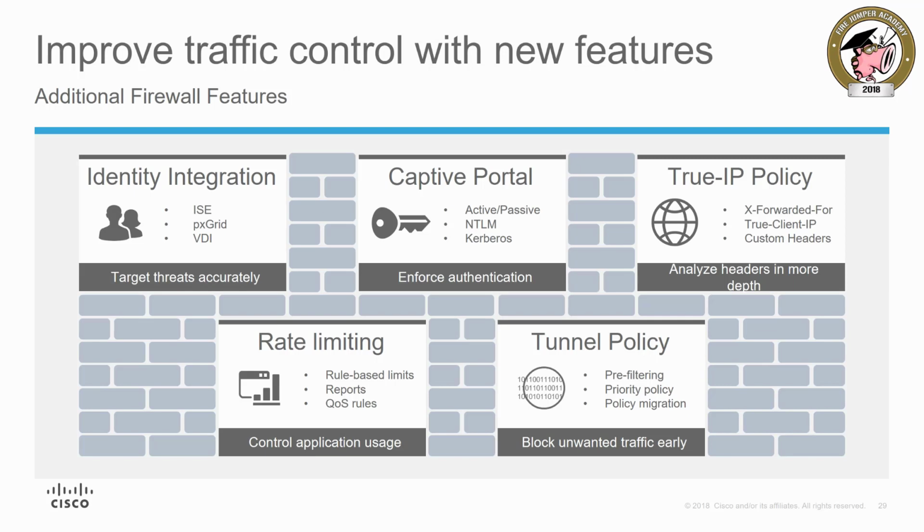The next-gen firewall now integrates identity policy with the Identity Services Engine, enabling implementation of per-user access controls. Visibility and control can also be extended to virtual desktop users through VDI identity integration. The PX Grid ensures that identity-based access policies are consistent throughout your security deployment.